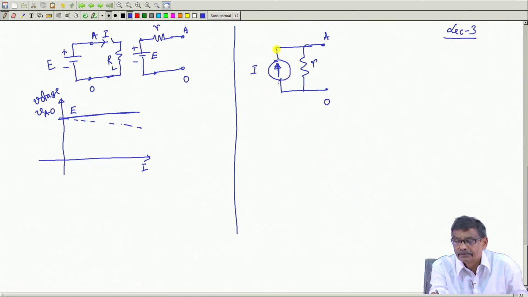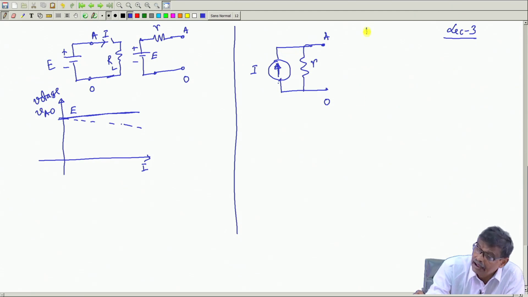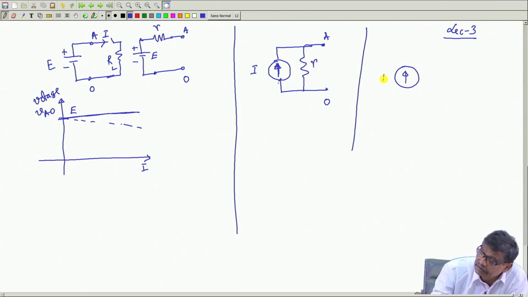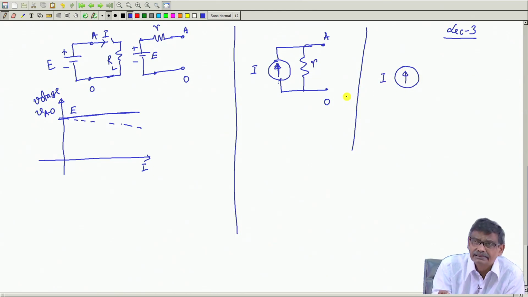Similarly, a current source is drawn like this, which means this current will be constant, and a practical current source can be represented in this way with some internal resistance. For an ideal current source, instead of writing ISC, I will simply write I, how much current it will deliver.